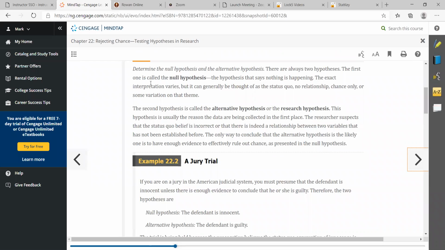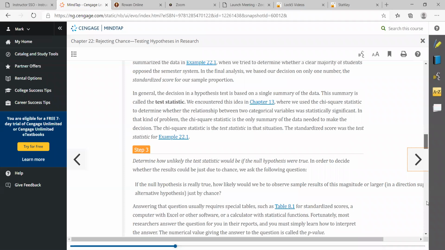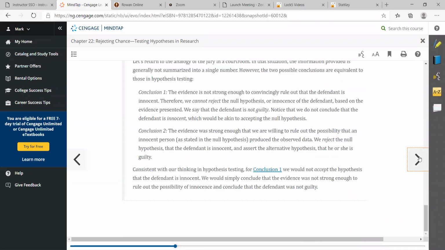All right. So once again, there's always going to be two hypotheses, the null and alternative hypothesis. They give you the jury trial example, and it is an example of what a null and alternative hypothesis means. Again, we've already gone over that, but you can read through that.